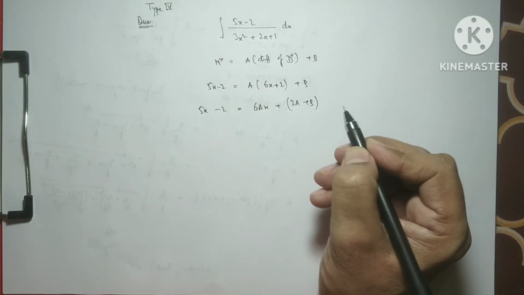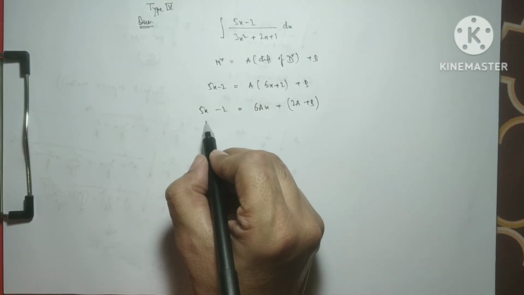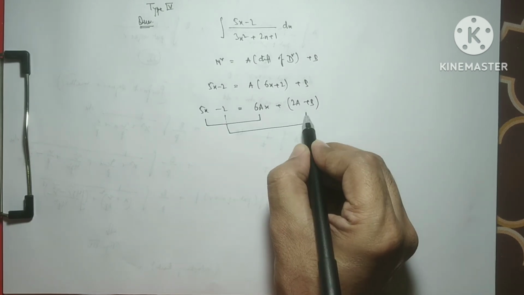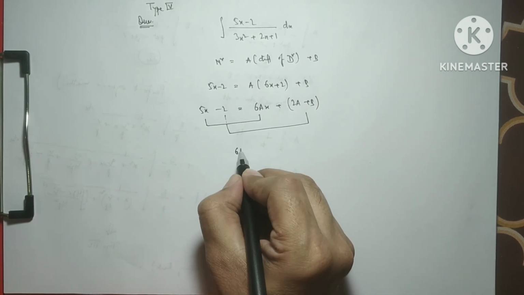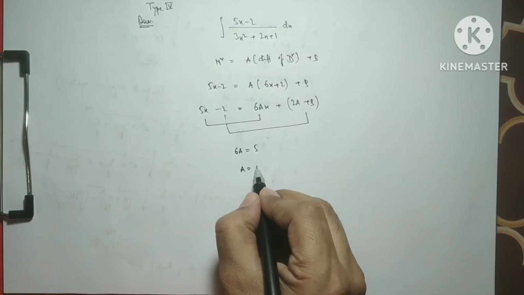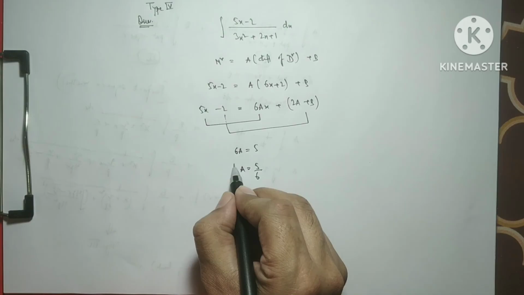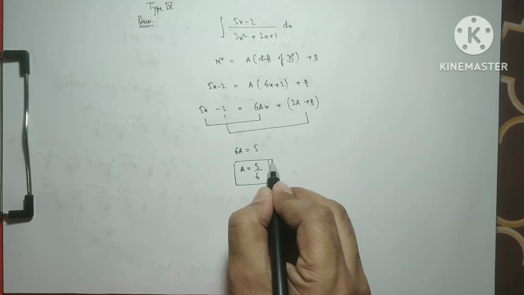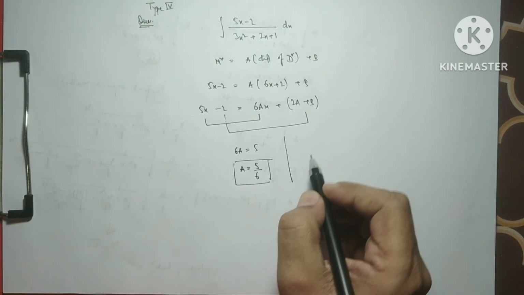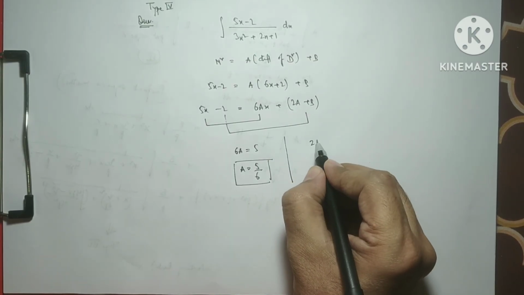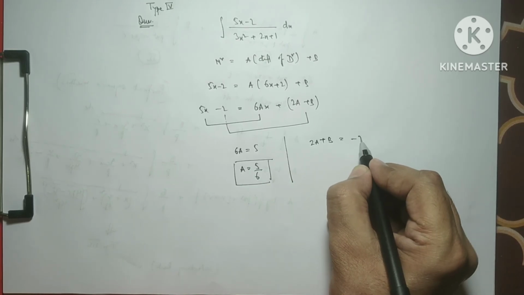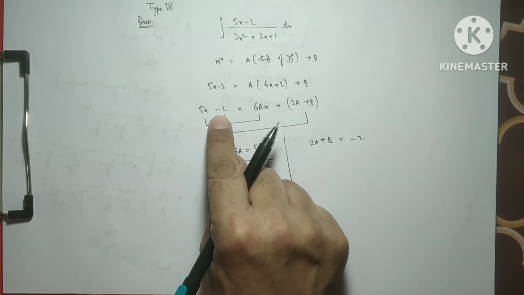So this is the constant part, meaning without x. Now we compare this, so 6a equals 5, or you can say a is 5 over 6. So this is the first information which is required, and for b we will compare the constant part, that is minus 2. 2a plus b is minus 2.